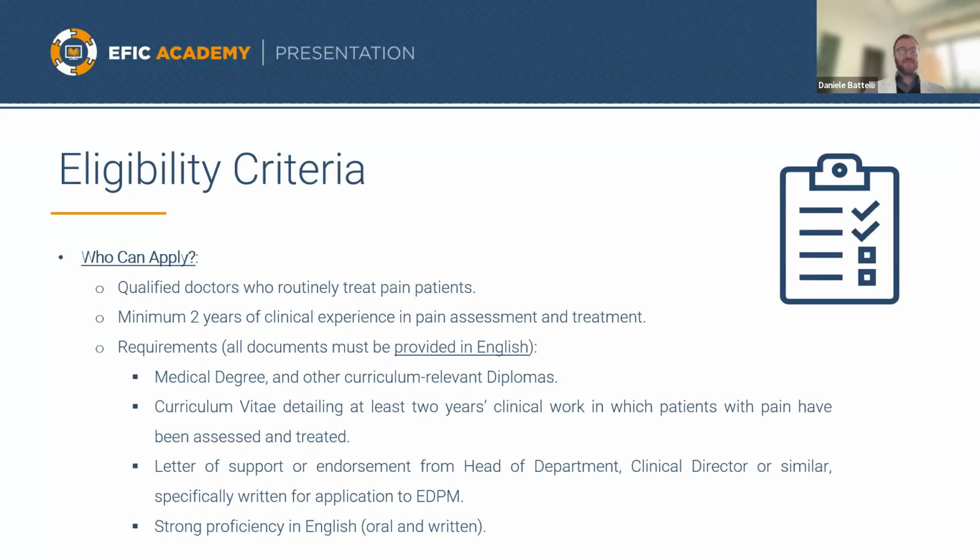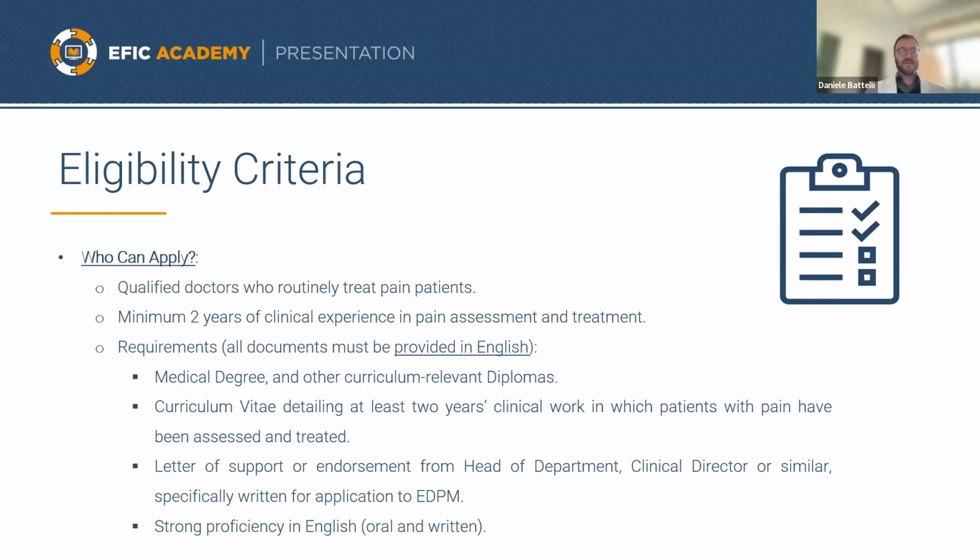What you need as a formal requirement are your medical degree and any other relevant diplomas, for example, diplomas of specialization, and your curriculum vitae, which must detail at least 2 years, as we said, of clinical experience in pain management. You also need a letter of support or endorsement from a senior colleague, from the head of your department, or from your clinical director.